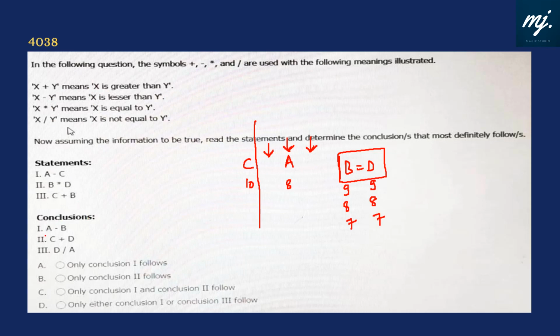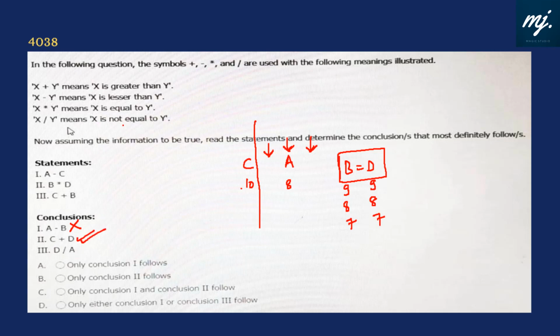Now the conclusions. A minus B, A is lesser than B. It is only possible when B is 9. But if B is 8 or B is 7, then this is not necessarily following. C plus D, C is greater than D. If B is equal to D and B is less than C, obviously C is greater than D. Conclusion 2 definitely follows.